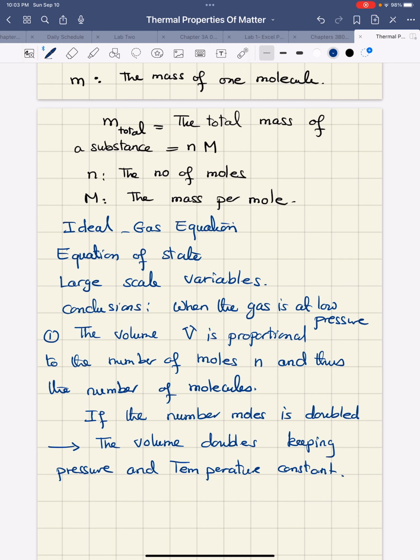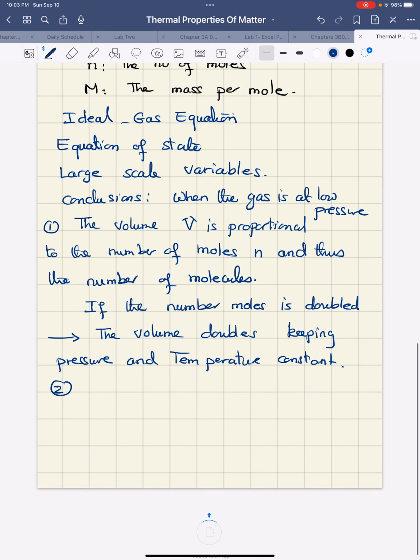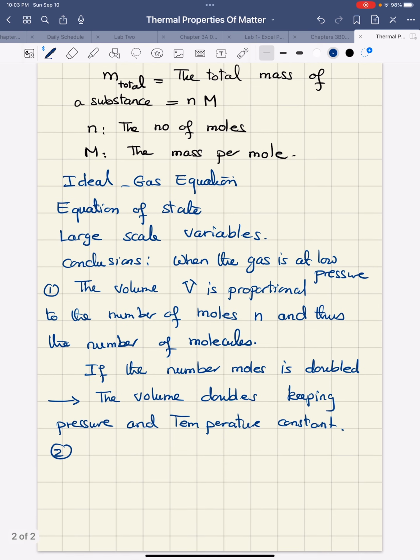Now, the second important conclusion is about the volume, and this is something very famous, Boyle's law.